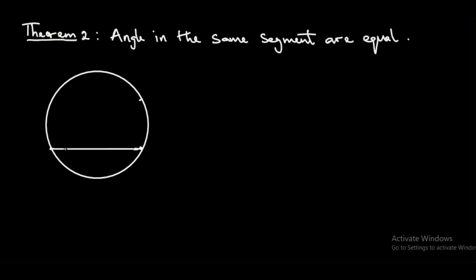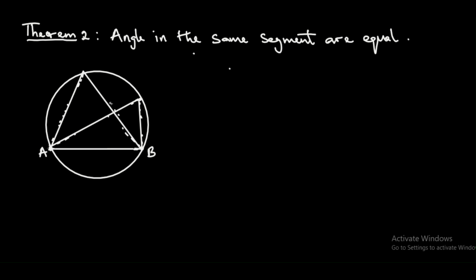Okay, now let's look at another theorem. Angle in the same segment. Let's see. AB divides the circle into two unequal segments. You can see now, we have AB there, so it divides the circle into two unequal segments. So we have, let's say, the first one is x.